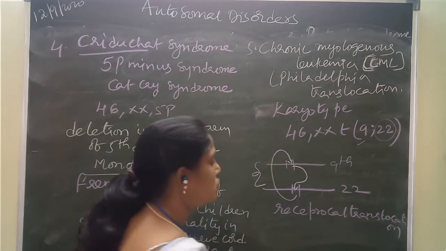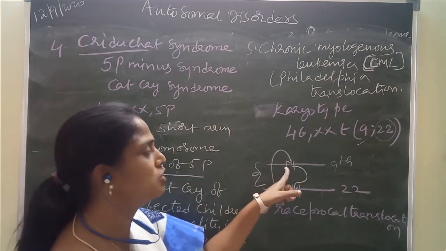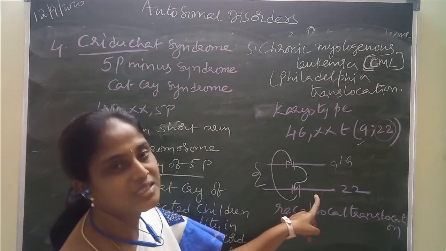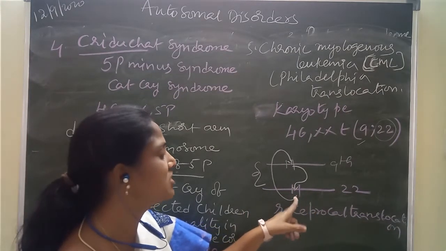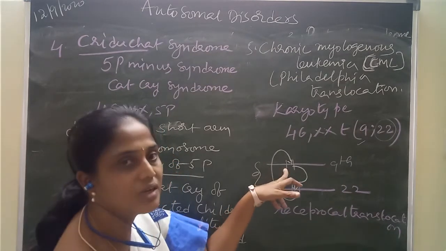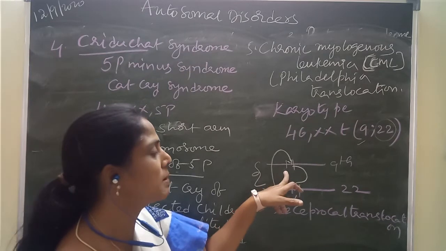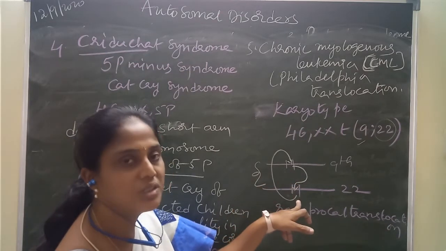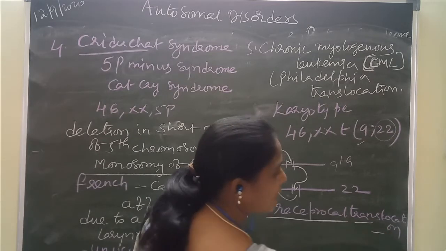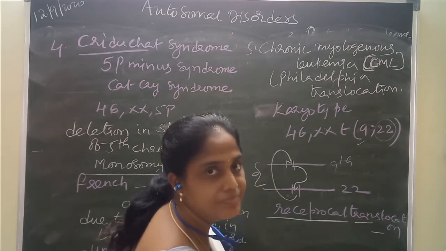Reciprocal translocation. That means a small piece of the 9th chromosome is detached and a piece of the 22nd chromosome is detached, and the detached part of the 22nd chromosome will bind with the 9th, and the detached part of the 9th chromosome will bind with the 22nd, which we call reciprocal translocation.